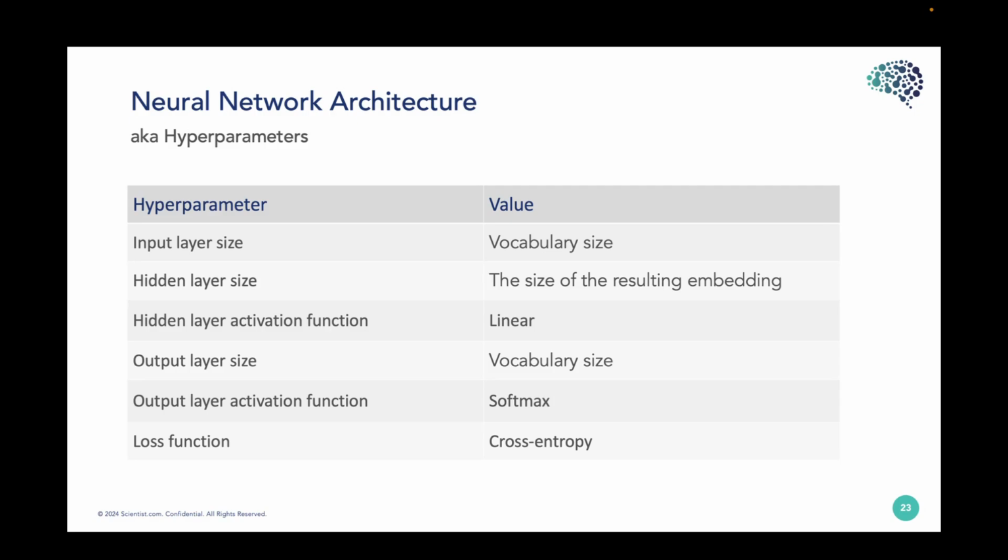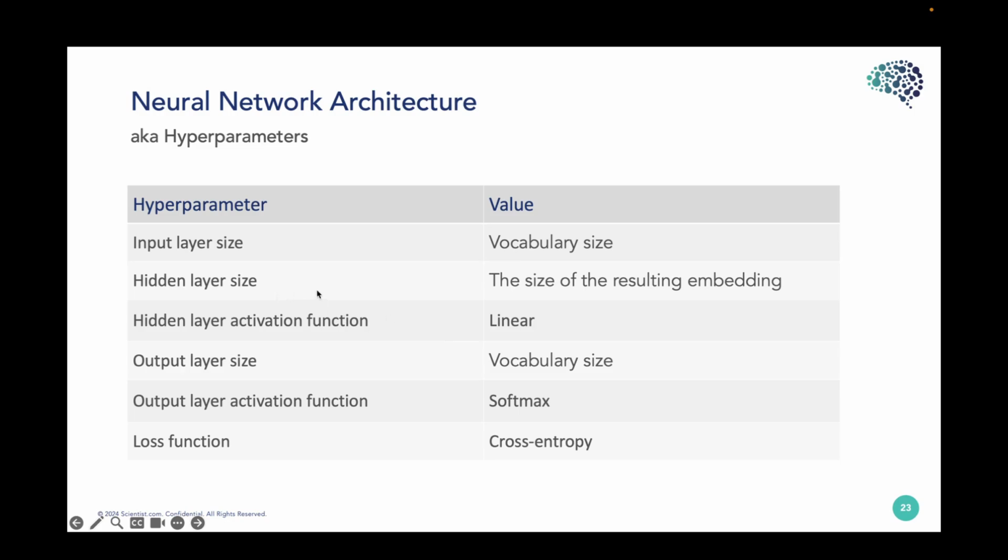So our input layer size has to be the same size as our vocabulary. Likewise, we're trying to predict how likely each one of those words are to appear in context, which means the output size has to be of size vocabulary as well. So those two are fixed just based on the structure of our training data.